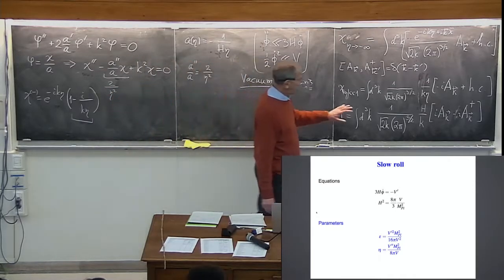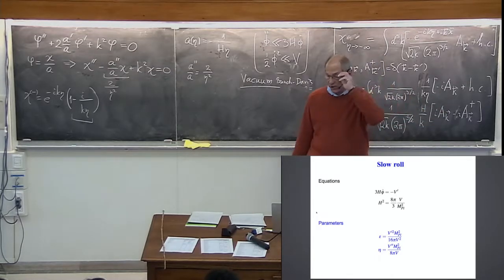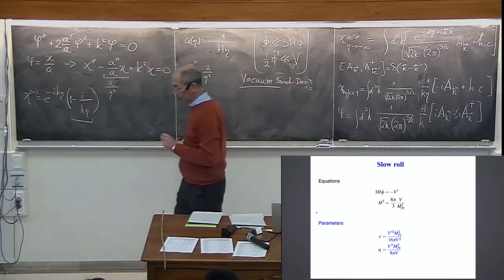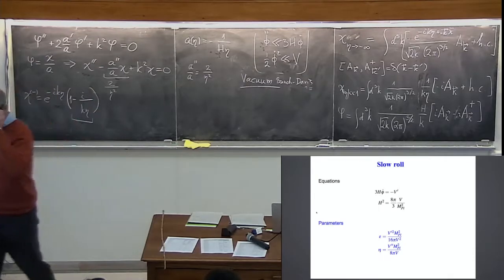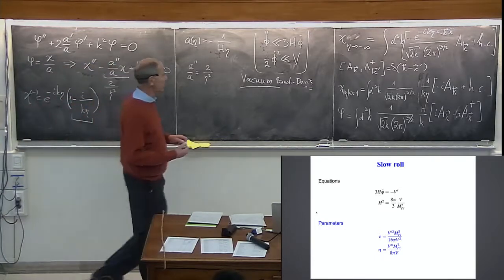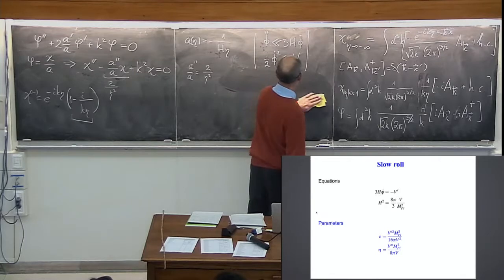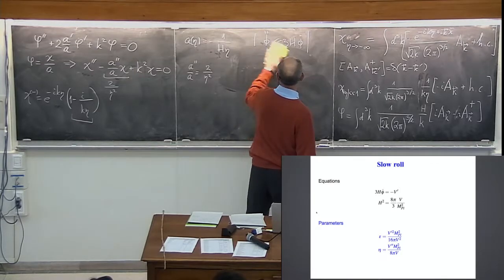So you see, this field is a linear combination of creation and annihilation operators. Its vacuum expectation value of its correlators obeys Wick theorem, right? It's a free field, after all. It obeys Wick theorem, so it can be viewed as a Gaussian random field.